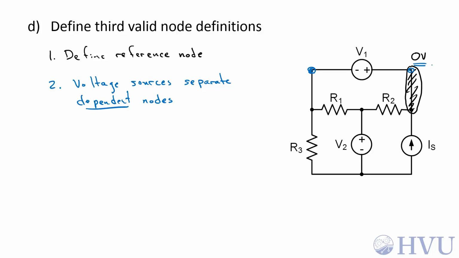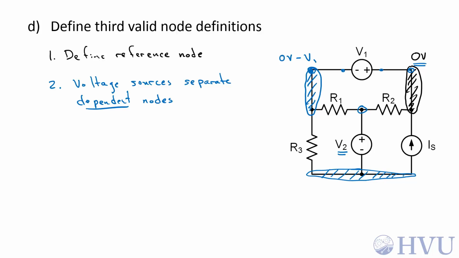I've already assigned this to be 0 volts, so this node over here is V1 volts below 0. The negative terminal is on this side, the positive terminal is on this side, so this voltage is 0 volts minus V1. The nodes on either side of the voltage source V2 are also dependent.